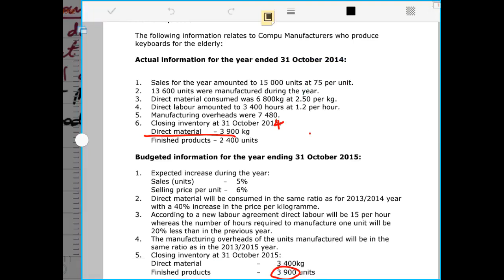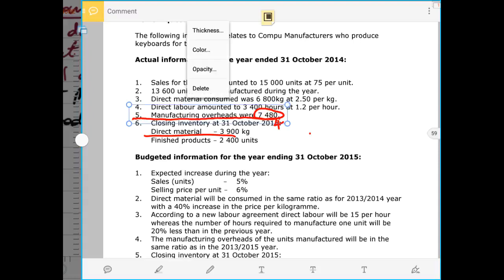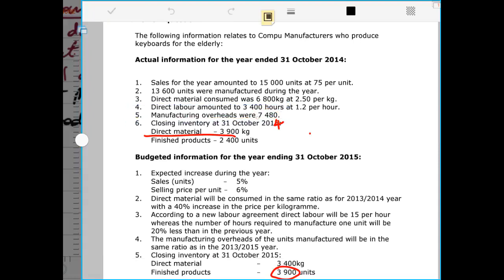Whenever we don't know the base, we only know that under number 5 manufacturing overheads were 7,480. This was the cost of the overheads that was incurred, and the 7,480 was incurred in order to manufacture 13,600 units in the year 2014.